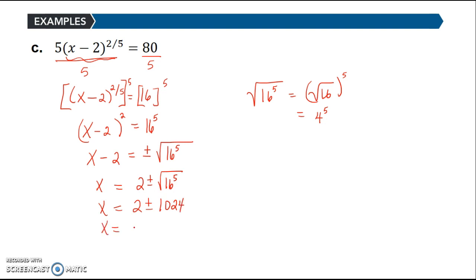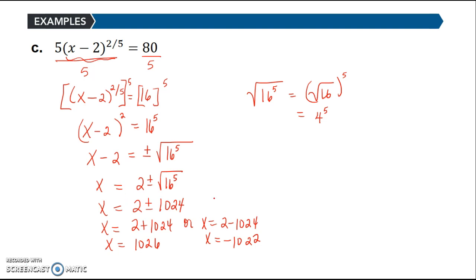And so therefore we get 2 plus 1024, or 2 minus 1024, which is 1026, or -1022. And we can plug both of those in to see that that works.